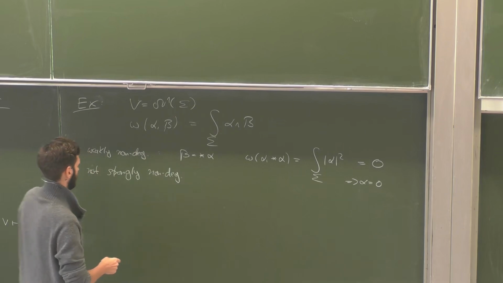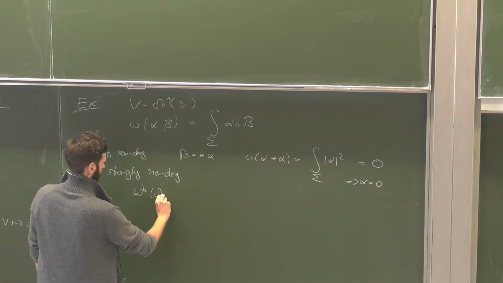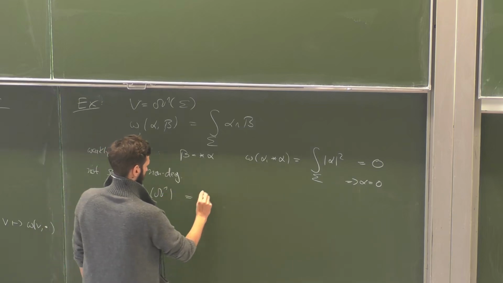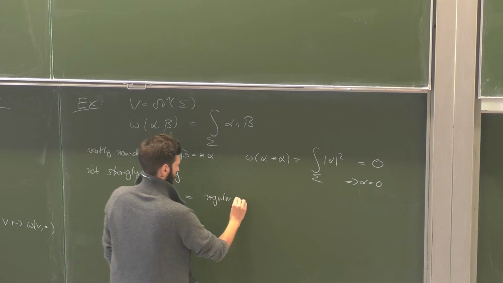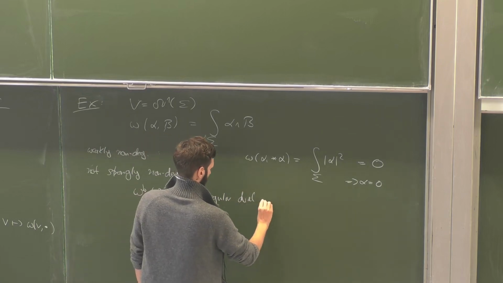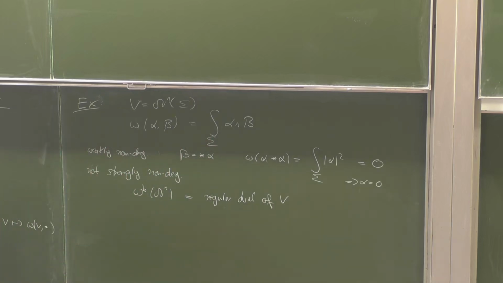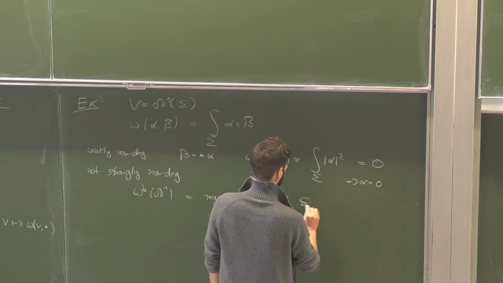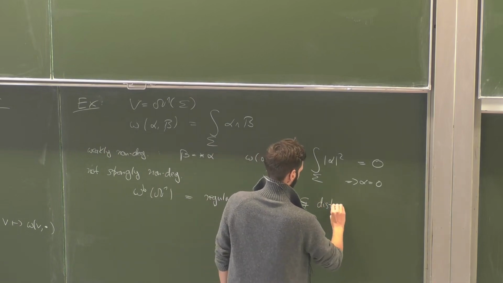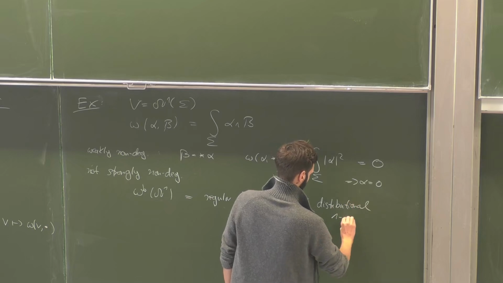So the image of omega flat of the one forms, you can think of as the regular dual of V, so only the smooth part of the dual sitting in all distributional one forms.